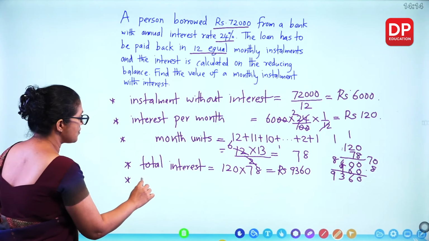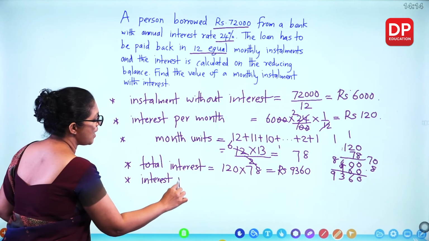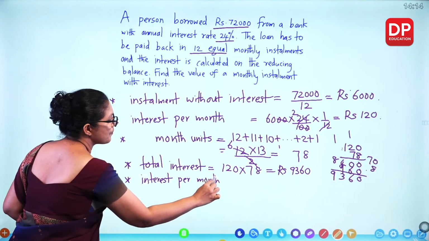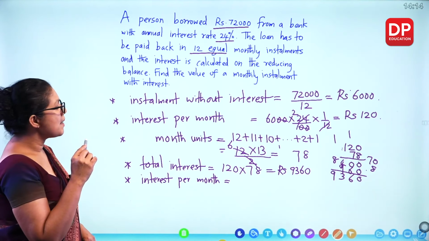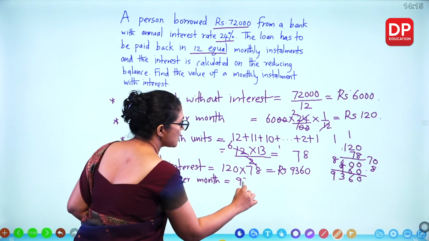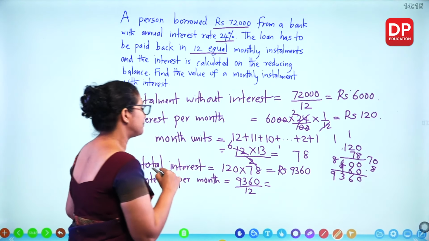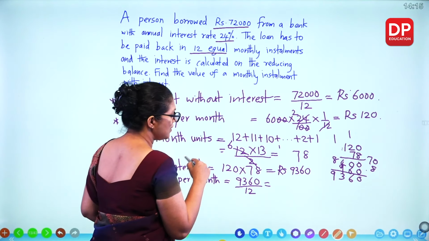So what's the interest per month? 9,360 divided by 12 because there are 12 months. 12 times 7.